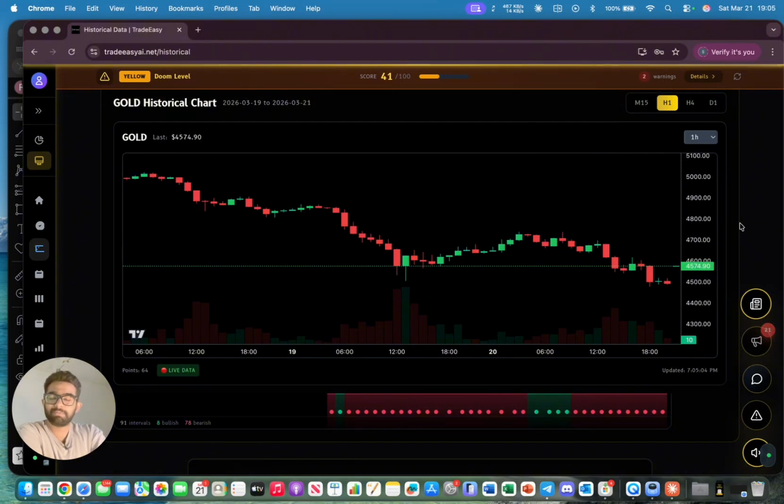And TradeEasy is going to be the platform that everyone will be using to gain an edge. You can trade any strategy you want, I don't care. If you use TradeEasy to make sure your strategy has an edge no matter what market condition it is, then the problem is not going to be your strategy. The problem is going to be your mentality, your psychology.